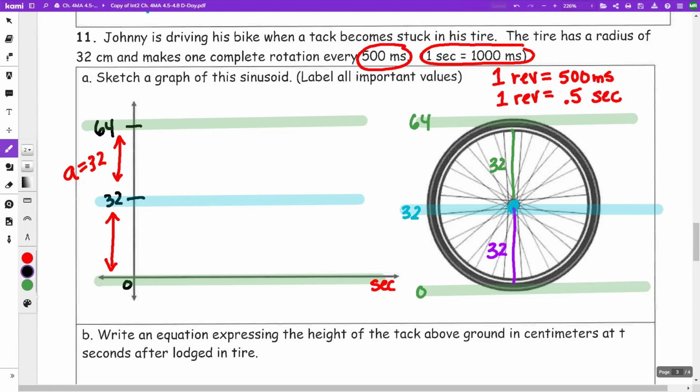So I am going to go 1, 2, 3, 4, 5. This is going to be 1/2, or you can also think of it as 0.5, whichever way you want to think about it.